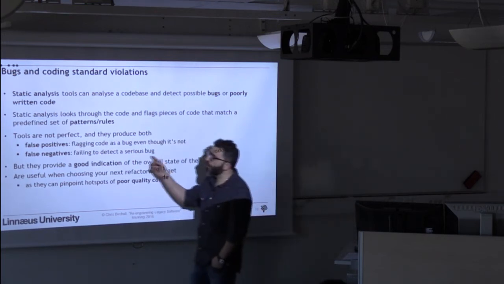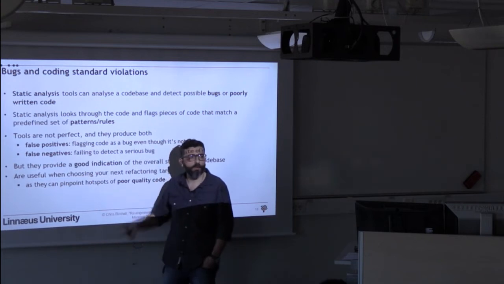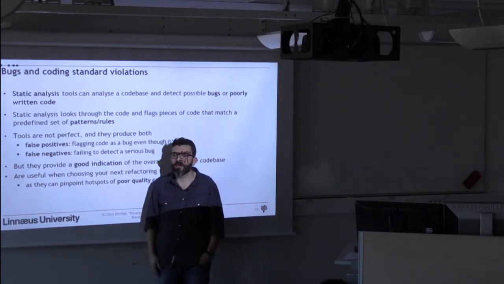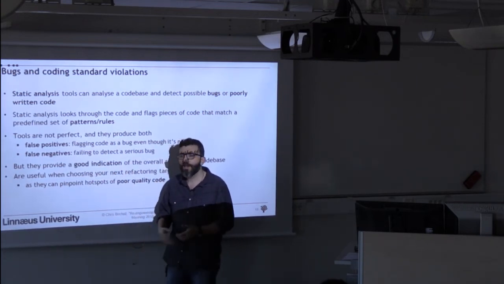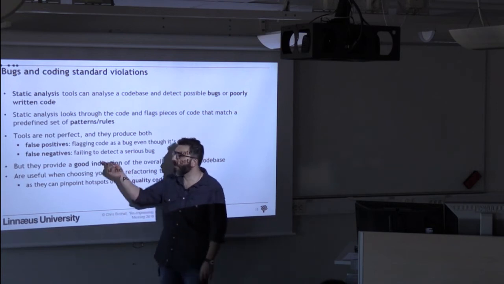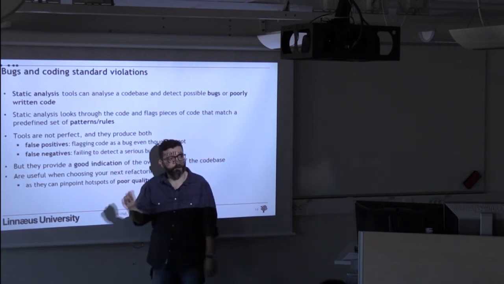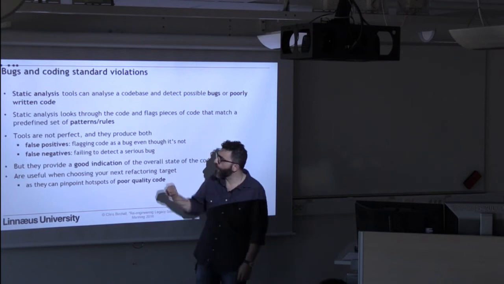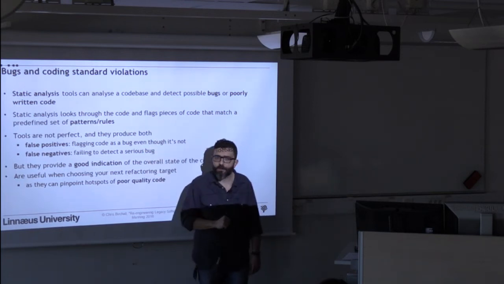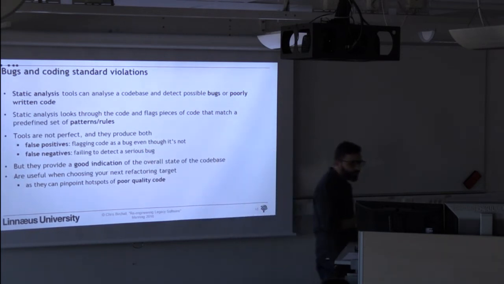The problem is when you have false negatives, because they fail to detect a real bug. You think that something is good because it passed the test, and then you go into operation and notice that the specific piece of code that was flagged as good code has a bug.